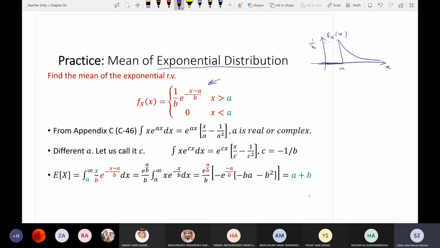Now, in order to find this, simply the expected value of x equals the integral of the PDF, f x of x, multiplied by x for averaging.